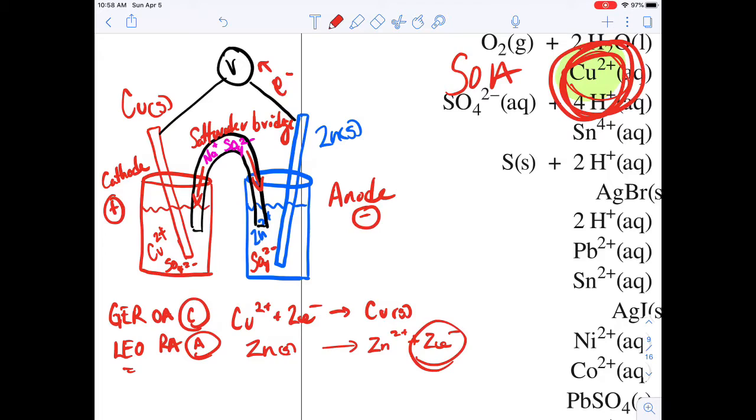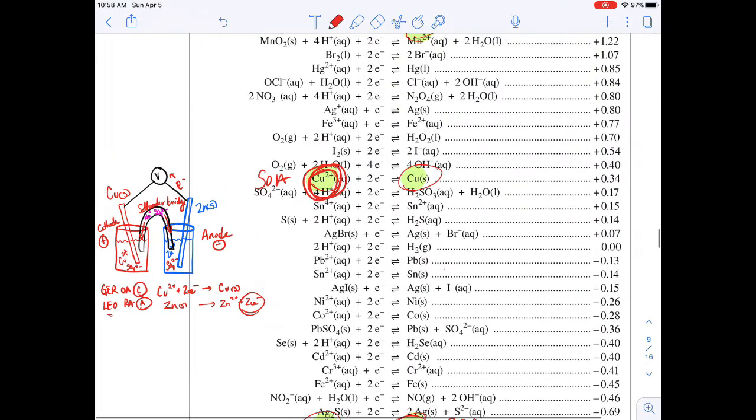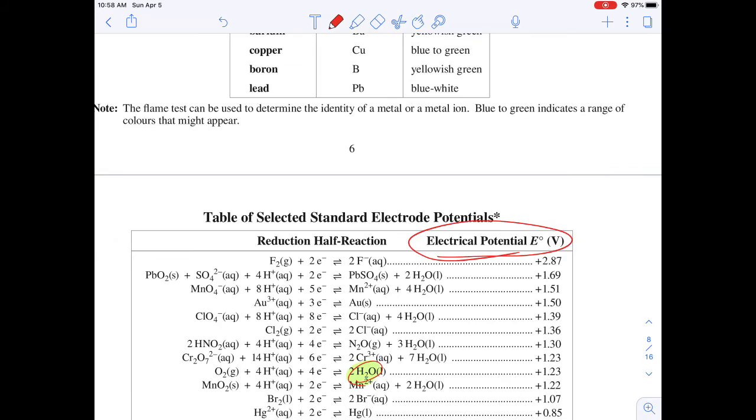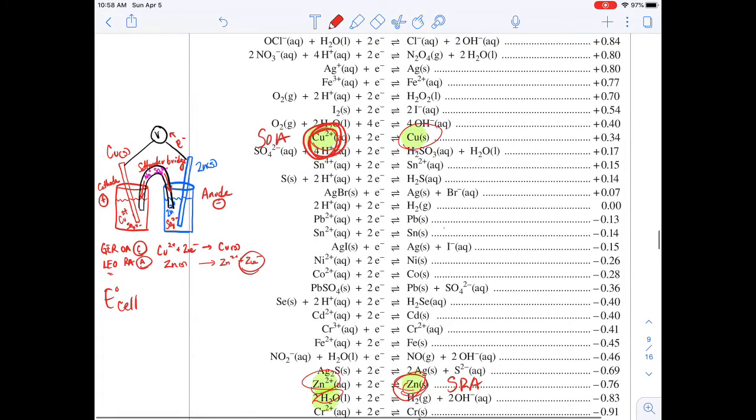Now, something that we haven't gone over yet is that we can calculate the voltage of this. So the voltage is going to be called E cell. So the electrical potential is what this counts for. And the electrical potential for any cell is going to be the cathode minus the anode.